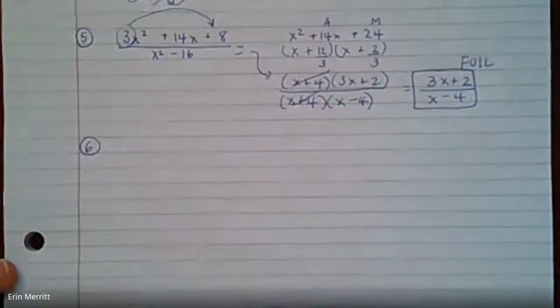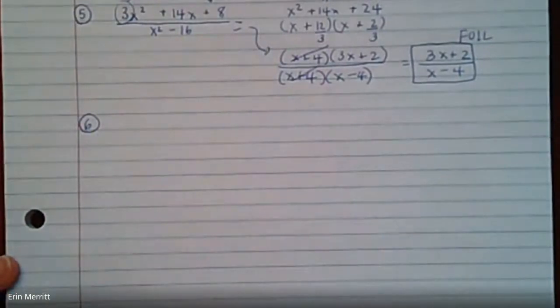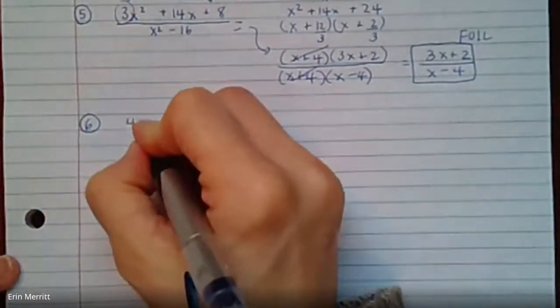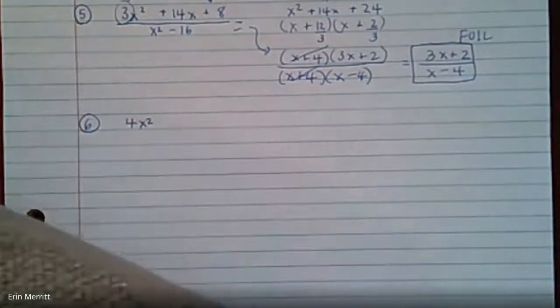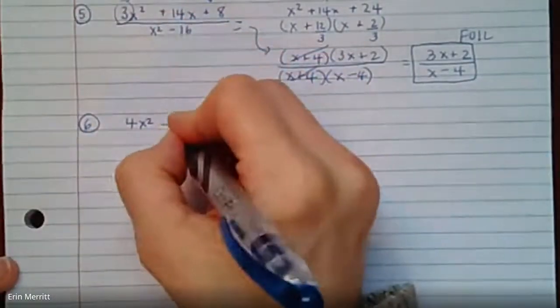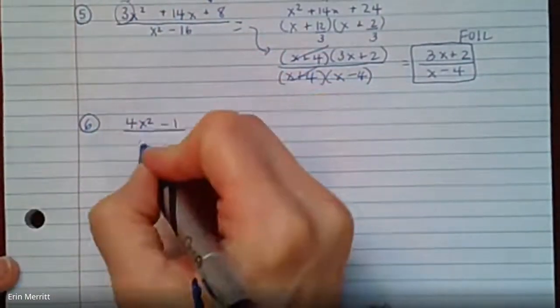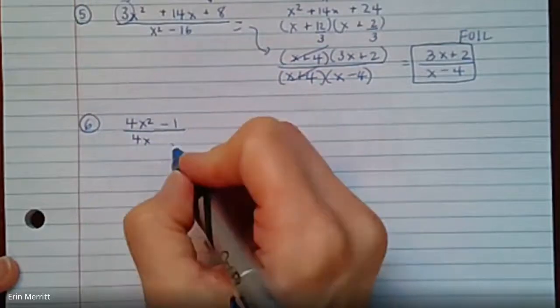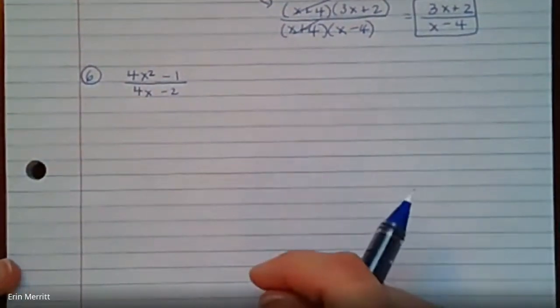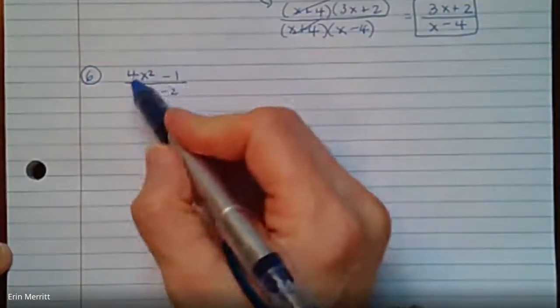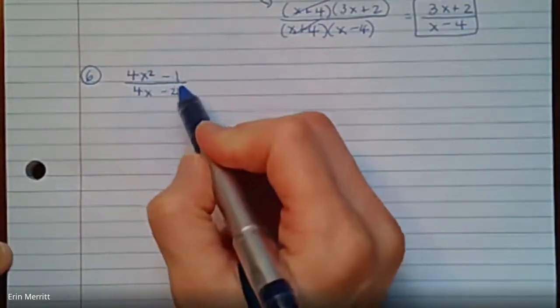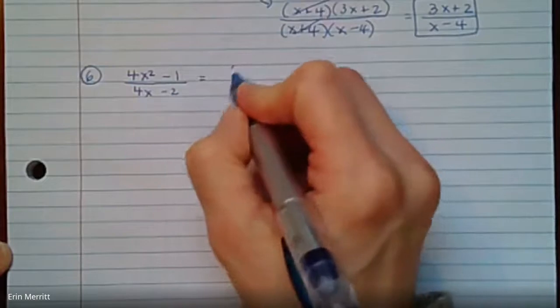All right. Number 6. This one here. If I give you 4x squared minus 1 over 4x minus 2, think about what type of factoring. It's a binomial, perfect square, perfect square. This is difference of squares.